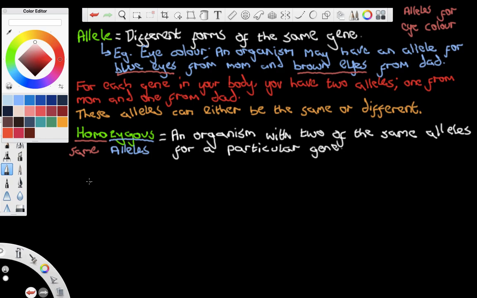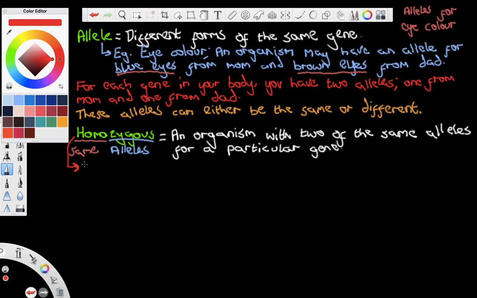Now, as a bit of a cheat sheet for you guys for your exams, if an organism is homozygous, it either has 2 capital letters or 2 lowercase letters as its genotype.